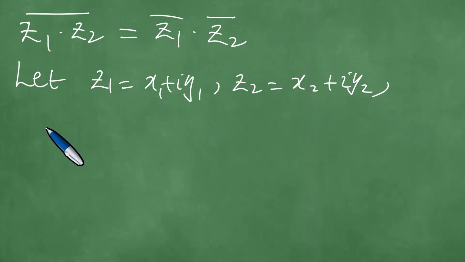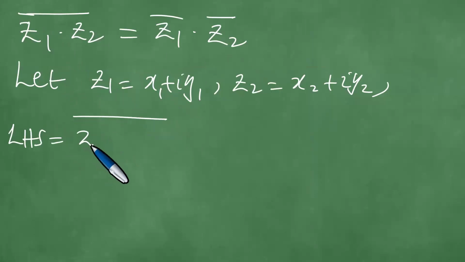If we use it there, we start with one side. So we're going to have the left-hand side, and then want to prove the right. So this is the complex conjugate of a product. You can break the complex conjugate of a product and take the complex conjugate of each of the factors. Now let's take the left.